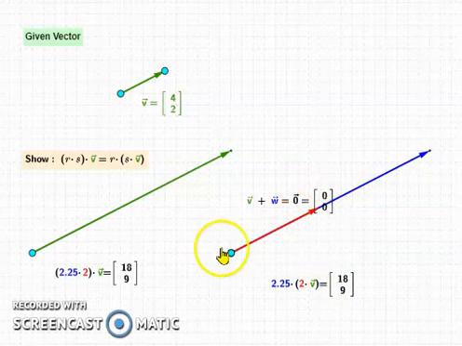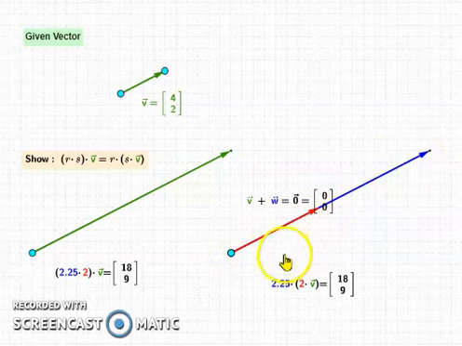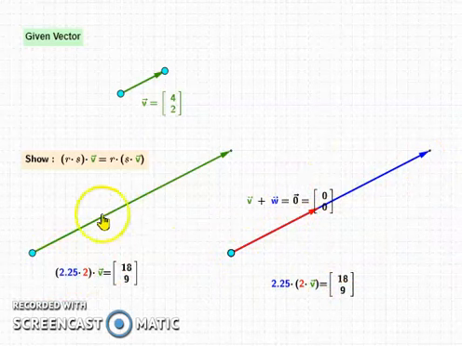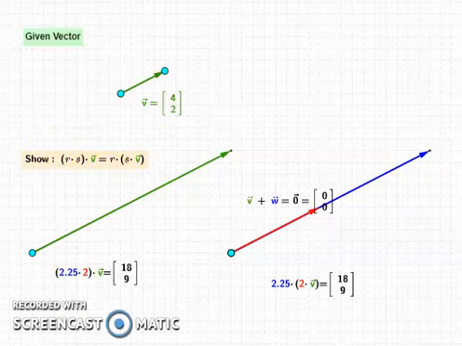If you scale this red 2.25 times, ibig sabihin, dalawa nito at saka 1/4. Okay? So that is just from this point up to this point. And if you could observe, while we are manipulating this side here, this one also is the same with this particular vector. That is why we have this equality here.